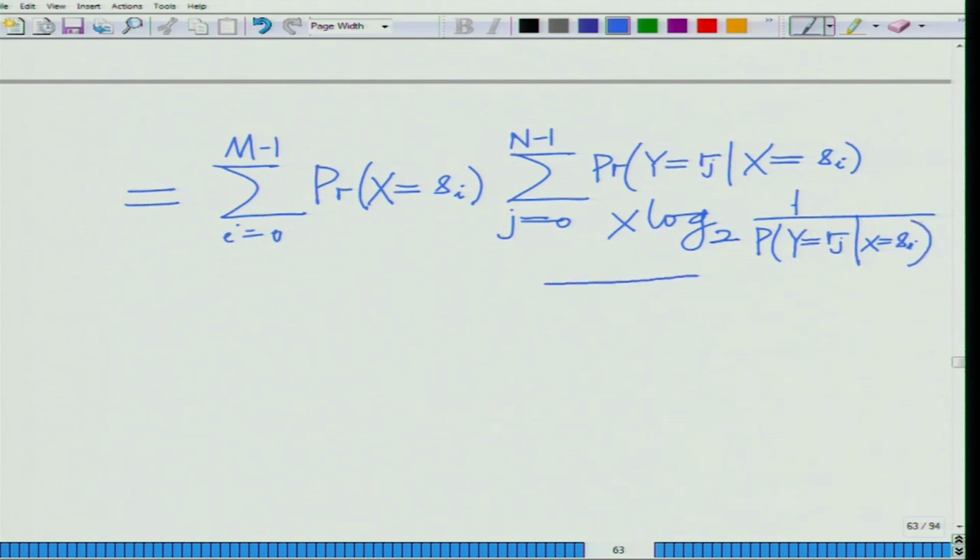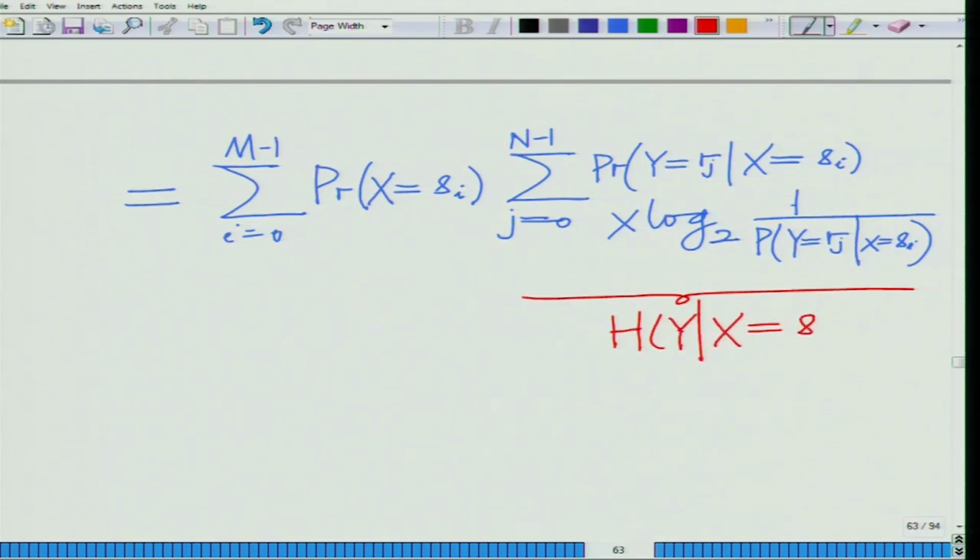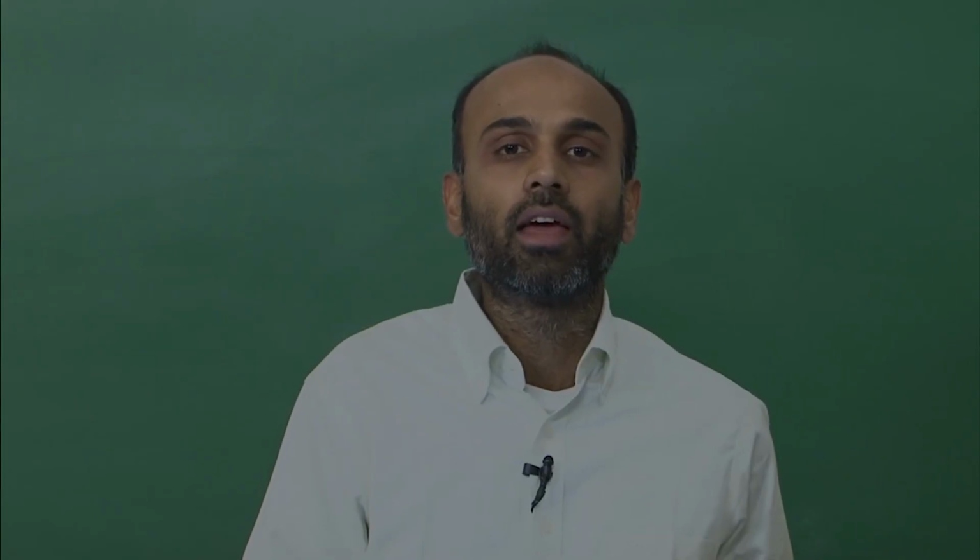So, we are using the conditional probabilities. Okay. So, this is the entropy of y conditioned on x equal to Si, this is the probability of x equal to Si. So, this is basically the entropy of y conditioned on the source of x, or entropy of y given x.